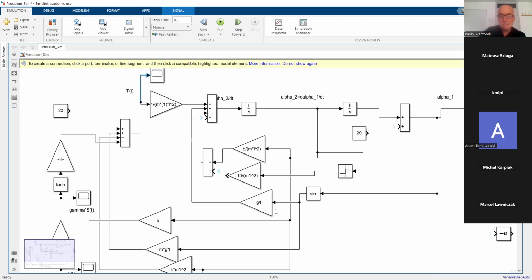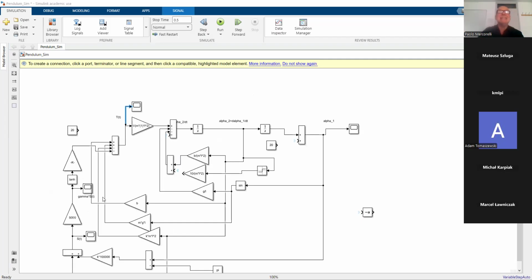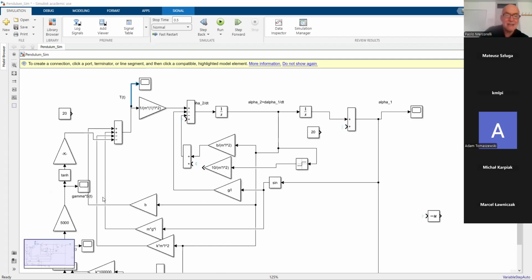What we have here, these blocks here, is exactly the control law. Let me analyze a little bit together. The control law consists of many elements.